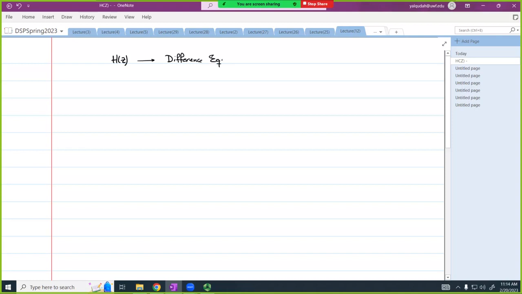Okay, so how do we go from h of z to a difference equation? We're going to express h of z, which is y of z over x of z, as equal to h of z, and we're going to cross multiply.